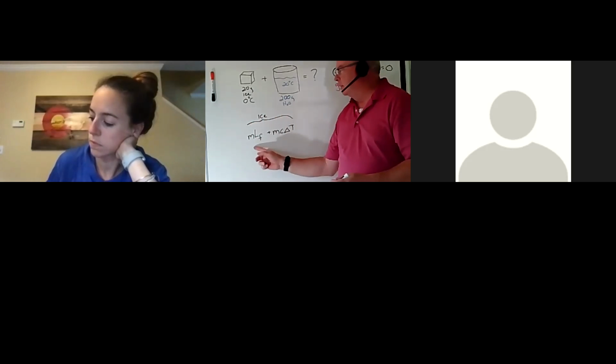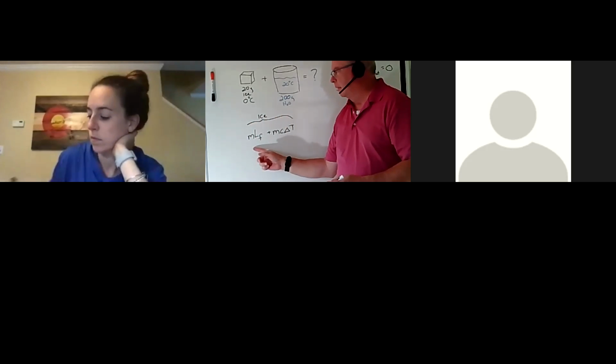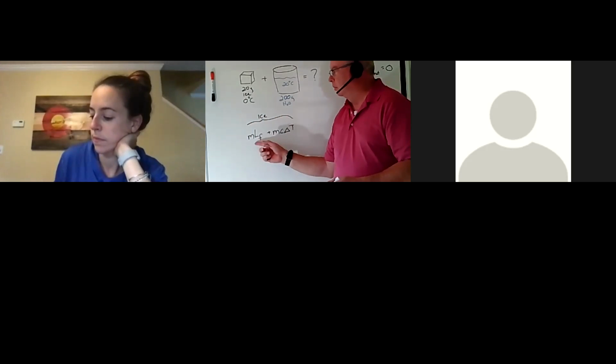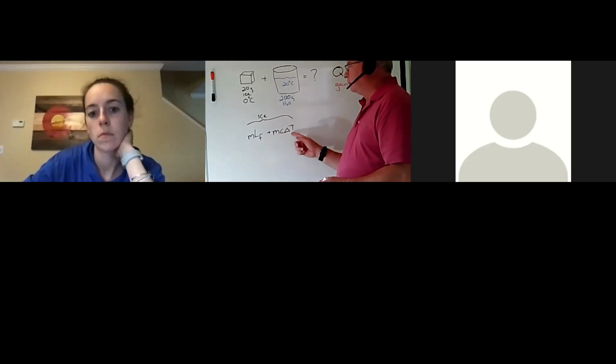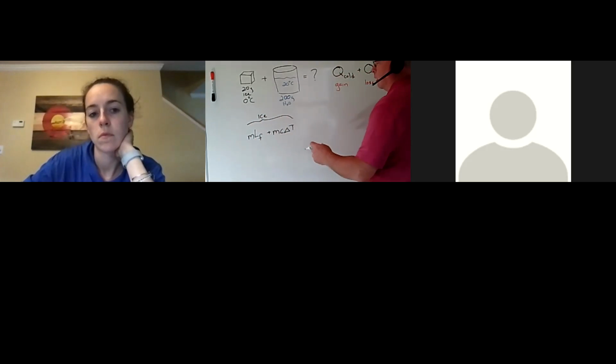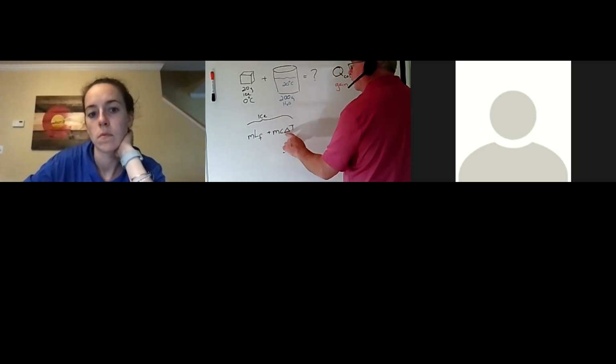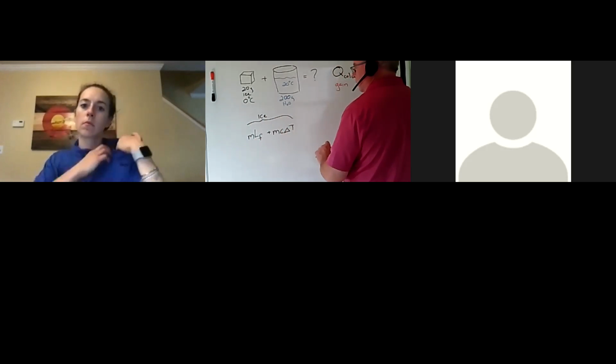Because if the ice melts, then we're going to have liquid water again, but we're going to have cold liquid water. The water's only going to be 0 degrees. And so whatever this final equilibrium temperature is going to be, that cold water is going to have to warm up, and that's where this MC delta T comes from. So the C that we're going to use here is for liquid water, not for ice.